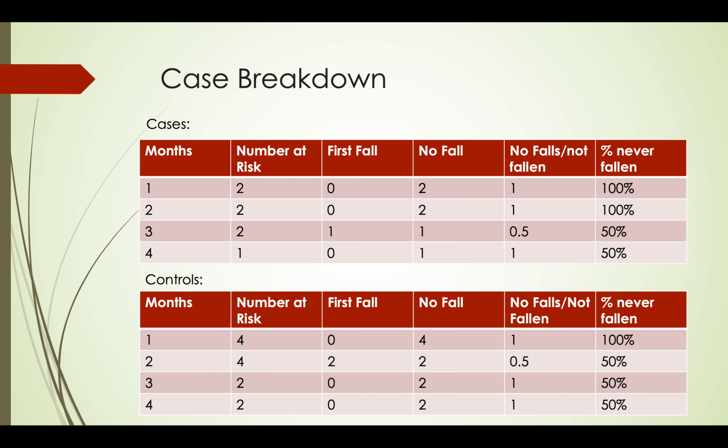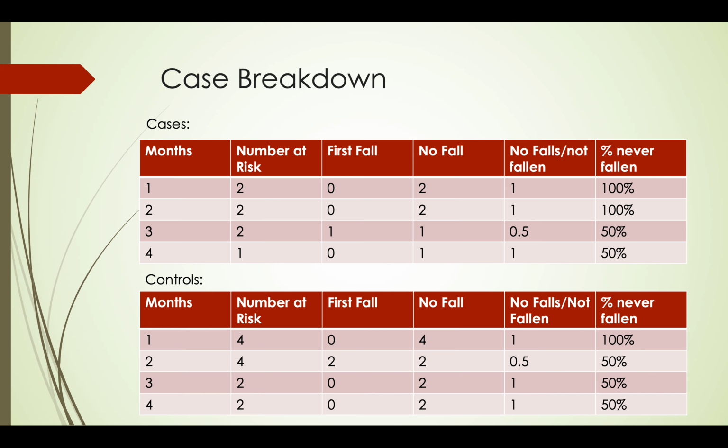Our second to last column is the no falls over the number who have not fallen, and that ratio is 1 for the first 2 months. Our last column is the percent who have never fallen through the 4 months, and for these 2 months, the percent is 100.